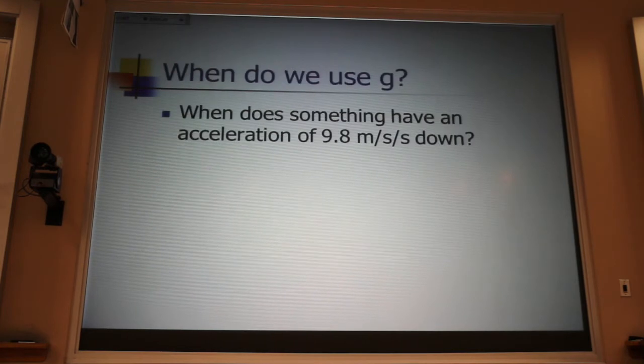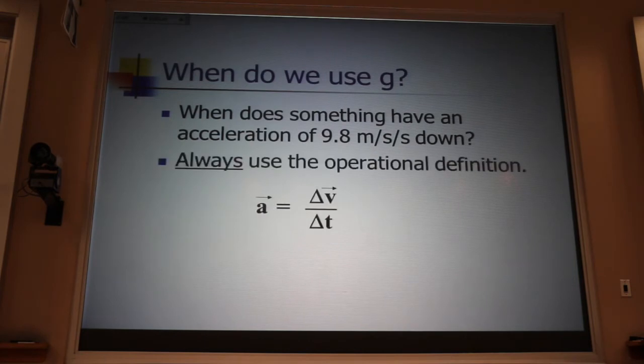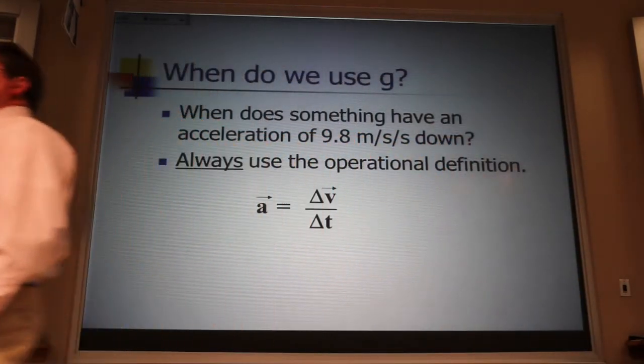Okay. Now, when does something have an acceleration of 9.8 meters per second per second? Down. Free fall. Free fall. Folks, this definition of acceleration, the change in velocity over change in time, will always work. That will always give you the right answer.